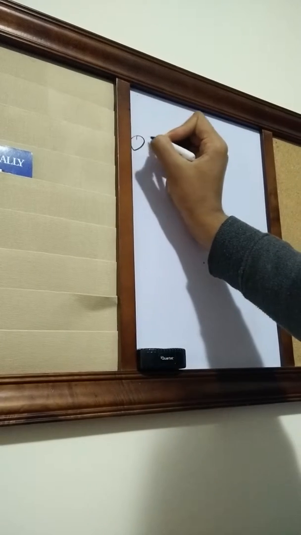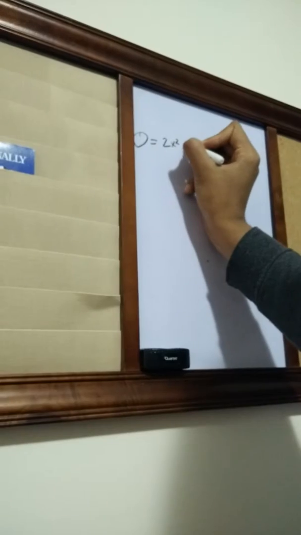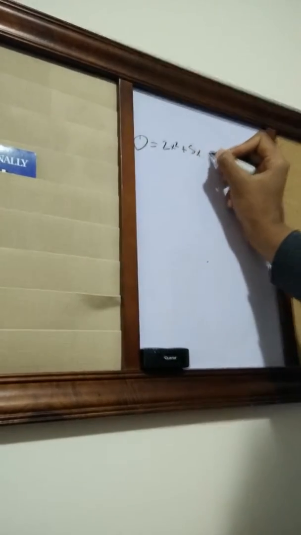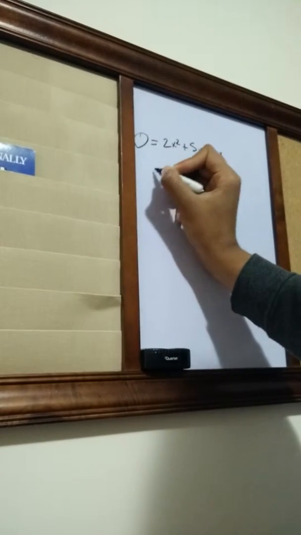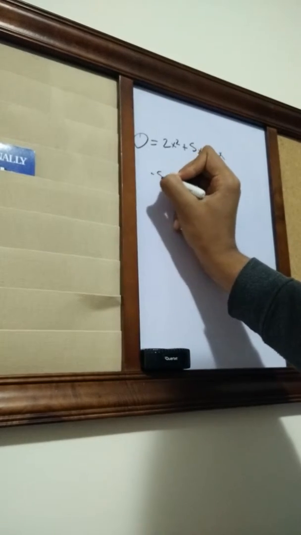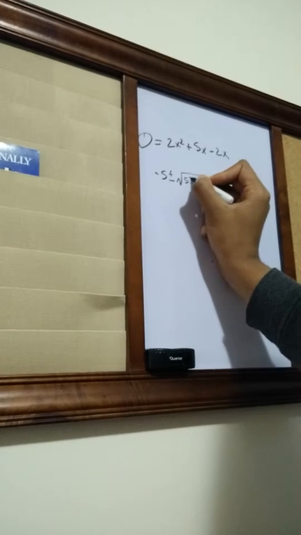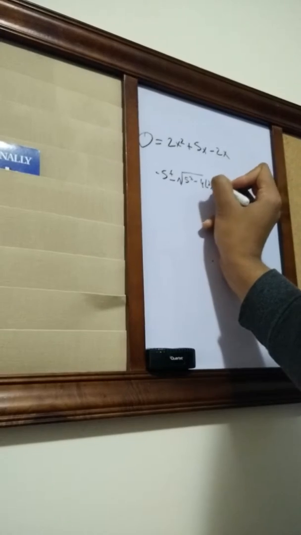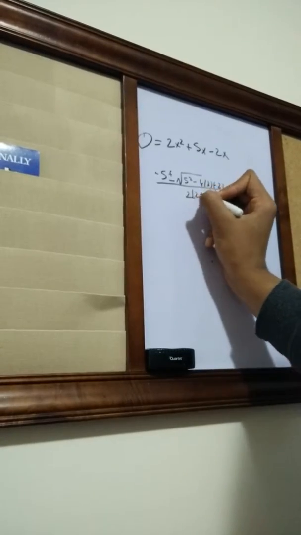First thing, let's make up an equation: 0 equals 2x squared plus 5x subtract 2. Now it's negative 5 plus or minus the square root of 5 squared subtract 4 times 2 times negative 2, all divided by 2 times 2.